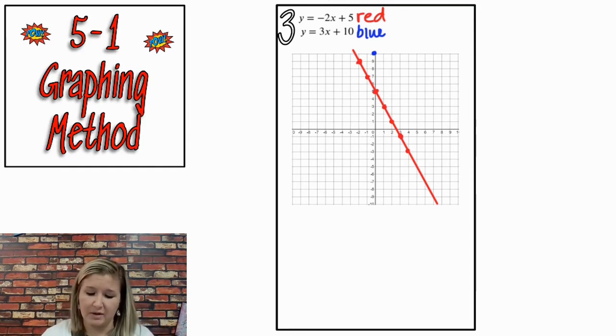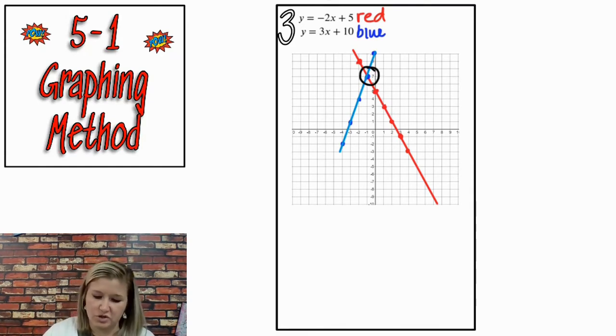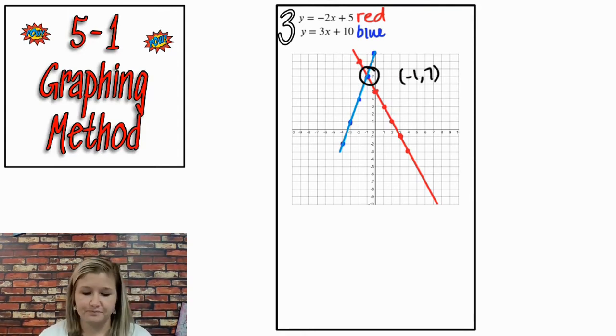So towards my line, I'm going to go down 3, left 1, down 3, left 1. You can see already that we have our solution. Now we'll graph that line as well. Ta-da. This is where they cross. That's going to be our solution, which is (-1, 7).